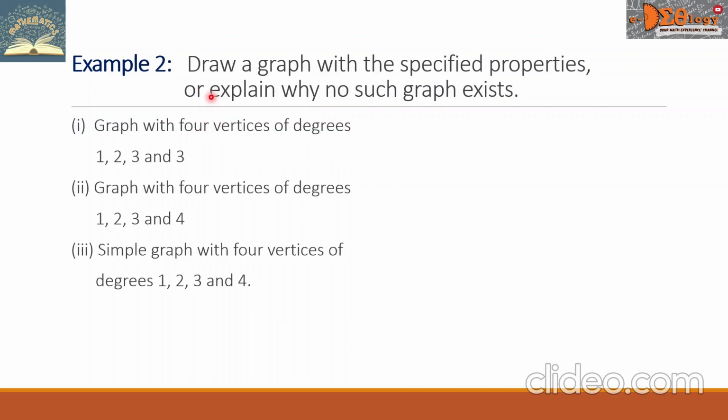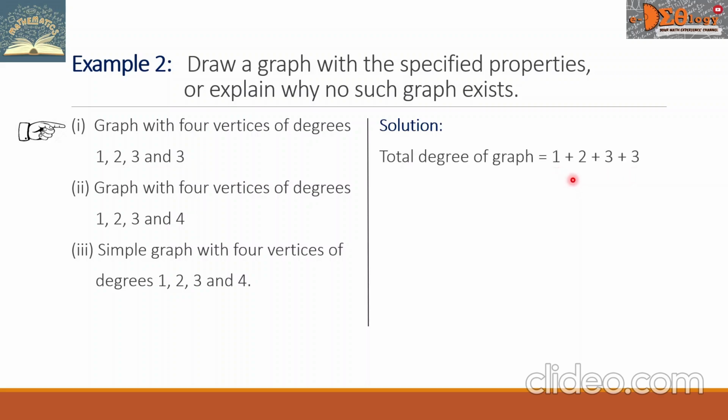Example 2. Draw a graph with the specified properties, or explain why no such graph exists. We have here 3 scenarios. Let's begin with the first one, a graph with 4 vertices of degrees 1, 2, 3, and 3.